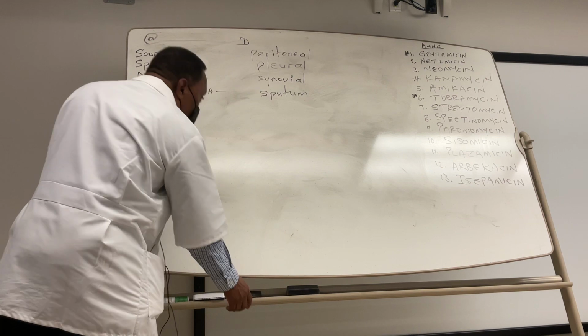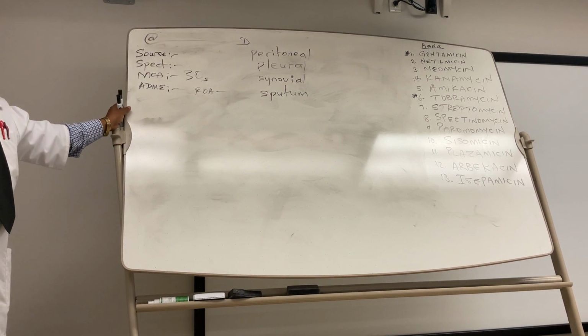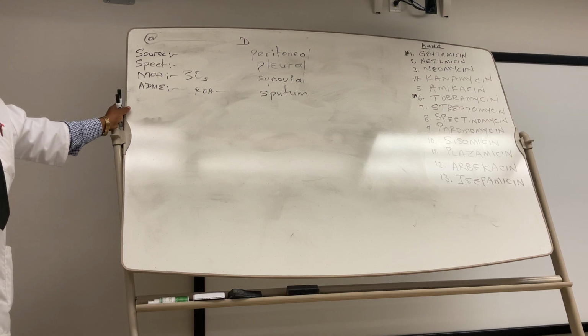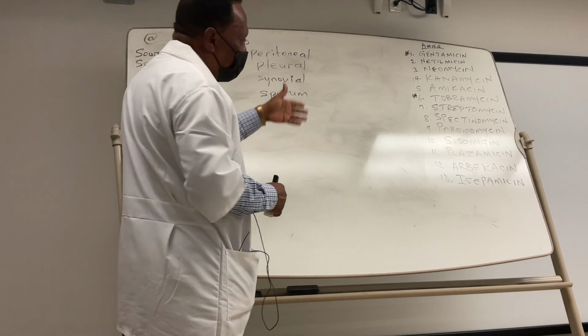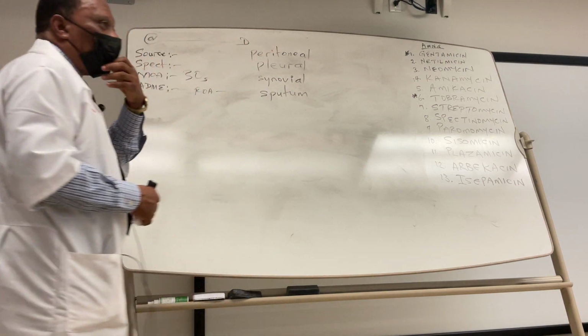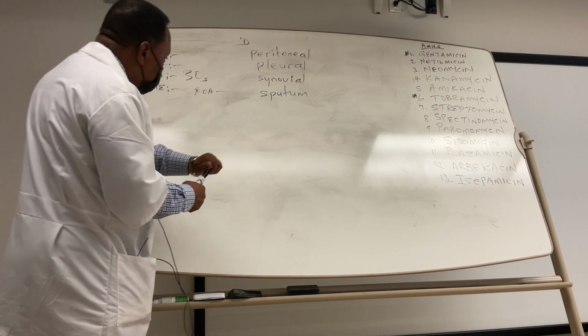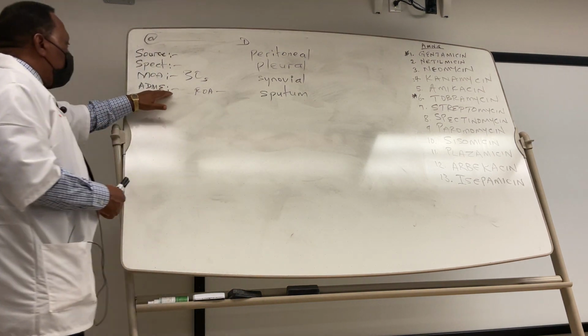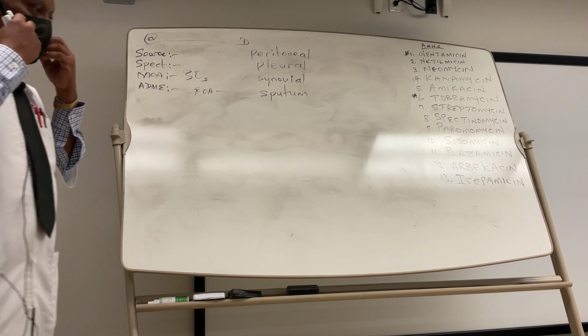Now, that goes really for all your aminoglycosides. Like we said, they all get excreted almost unchanged through the renal system. So you always have to look at the creatinine clearance whenever you're giving your aminoglycosides. So that's the ADME.